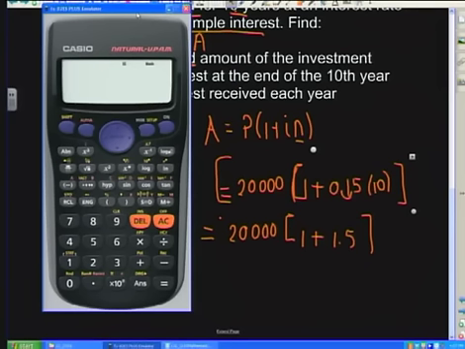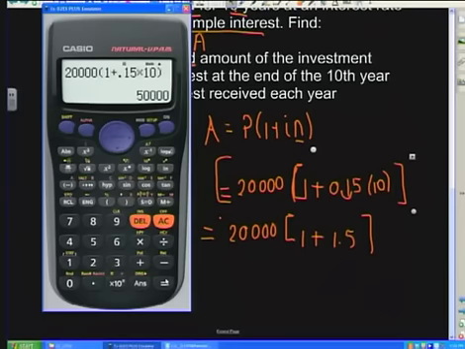So we've got 20,000 in brackets times 1 plus 0.15 times 10, if you prefer, is equal to 50,000 Rand.